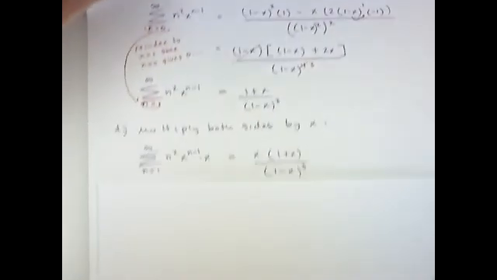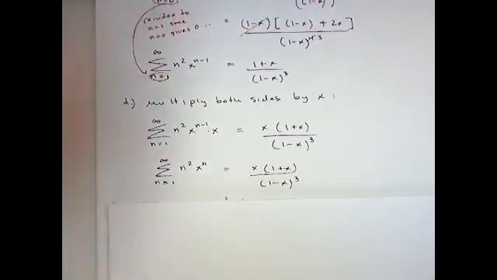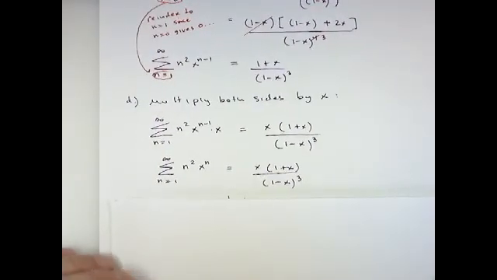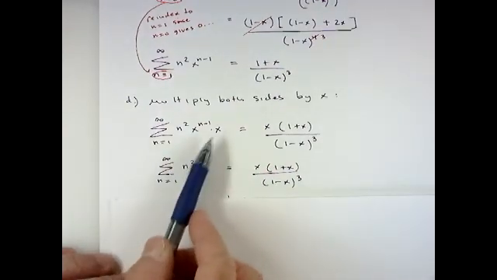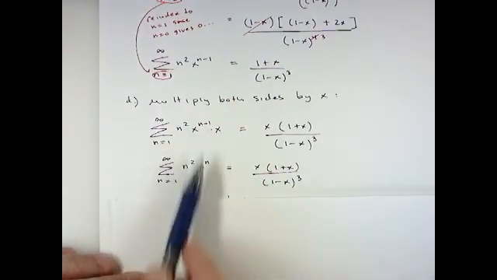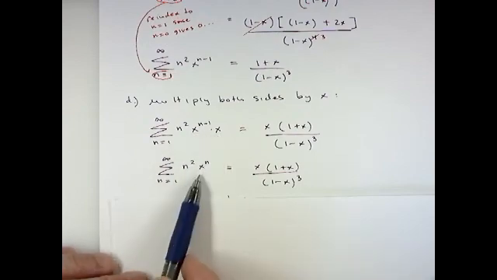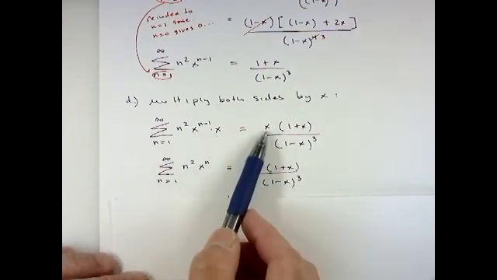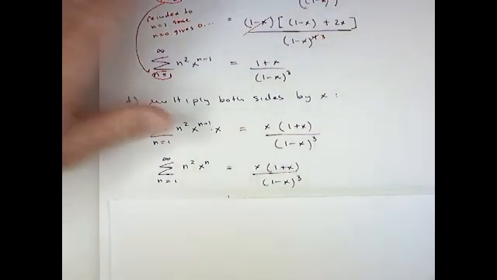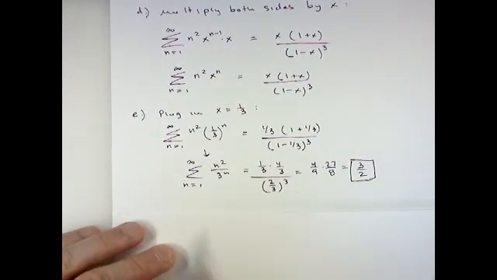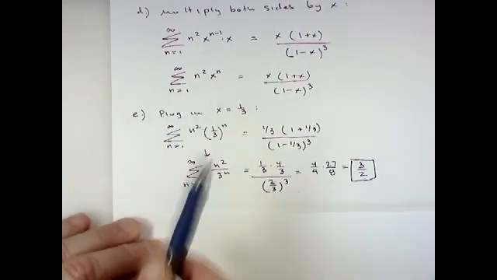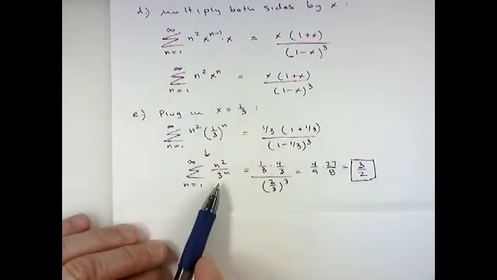Okay, we're almost there. Now we're going to multiply both sides by x again. This is the second time we've done that, and similar to the last time, that's going to give us just x to the n on the left side, and we'll just have an extra x there. Now, if you think about it, we are there. Our original series was n squared over 3 to the n.